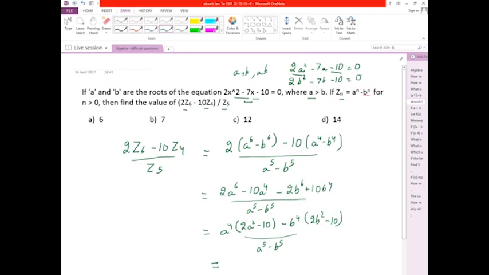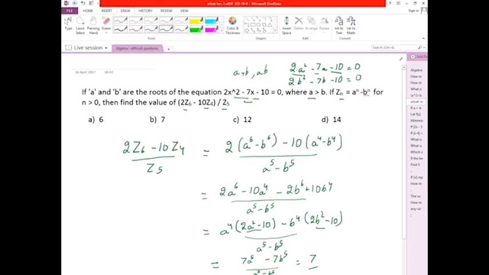Again, 2a square minus 10 is equal to 7a, which you can use from this relation. So we'll substitute this expression with 7a, and same way this will substitute with 7b. So this becomes 7b to the power 5 by a to the power 5 minus b to the power 5, and this becomes 7.